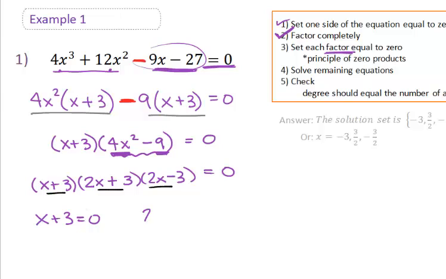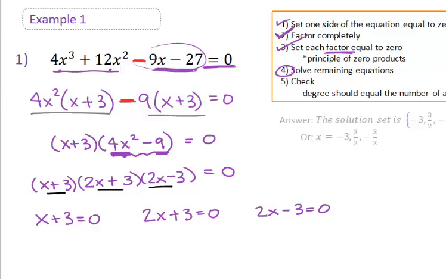The second one, 2x plus 3 equal to 0. And the last one, 2x minus 3 equal to 0. So, that finishes step number 3, and now we can focus on step number 4, where we are down to linear or degree 1 equations. So we solve these just by isolating the variables.